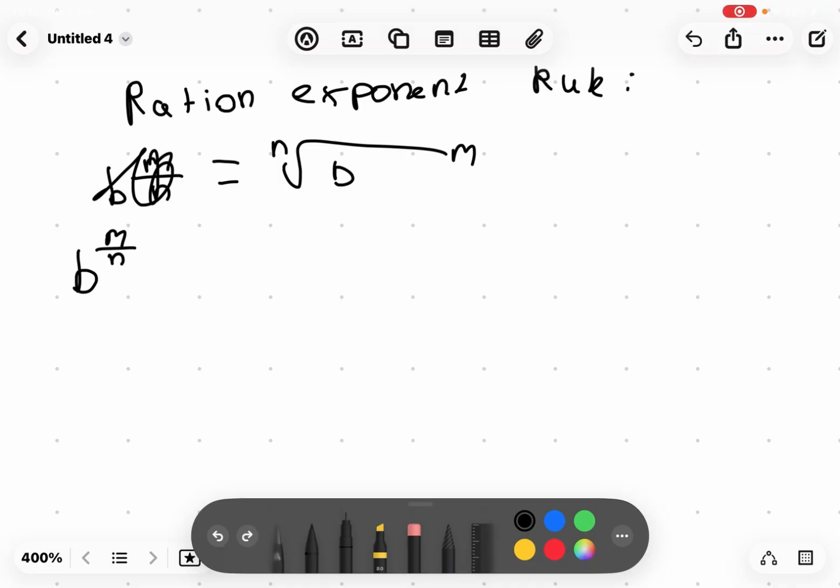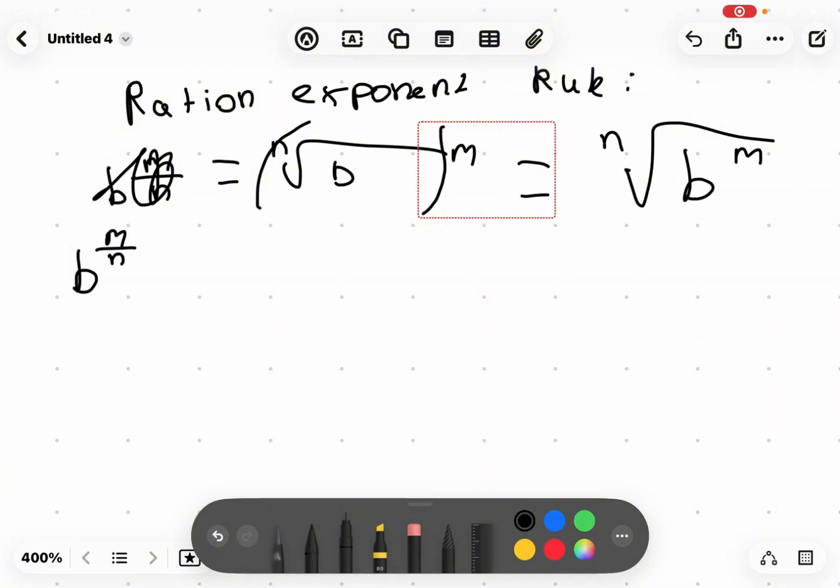The exponent is a fraction, right? So this is what equals in brackets. This is in brackets and this is in brackets. But that just basically equals this also.